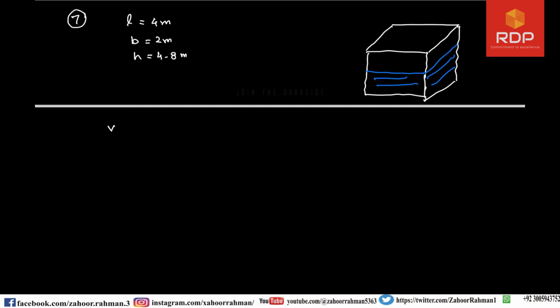So let us start this question, and first of all we have to find the volume of the open rectangle. So I am writing volume of open rectangle, and that will be equal to 4 into 2 into 4.8, and that will be meter cube.